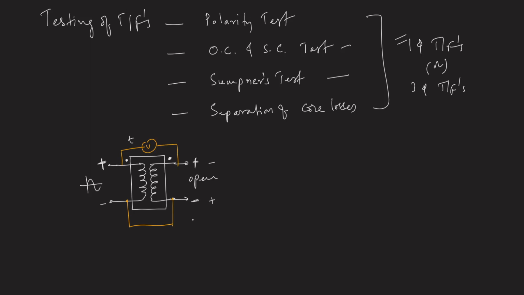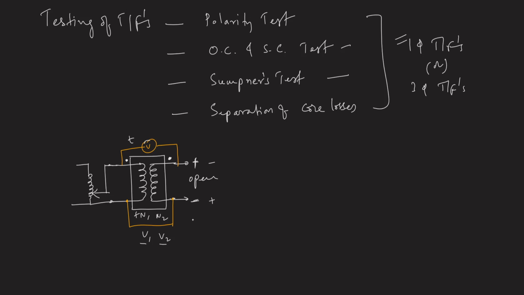Now we slowly apply voltage here and check the voltmeter reading. Normally the turns ratio N1 by N2, or the voltage ratio V1 by V2, is mentioned. Though the turns ratio may not be given, the V1 by V2 voltage ratings will be given, right?